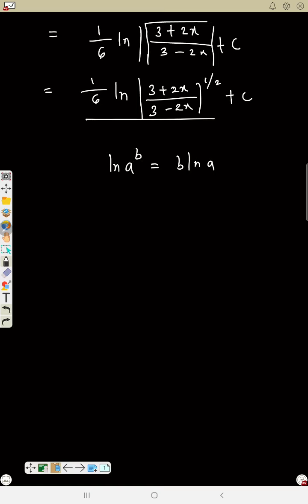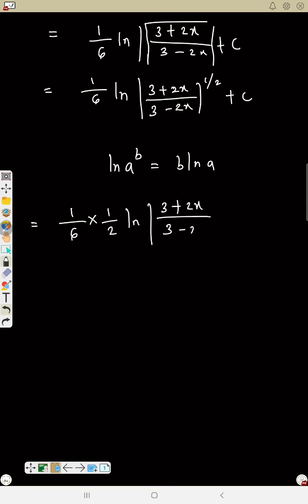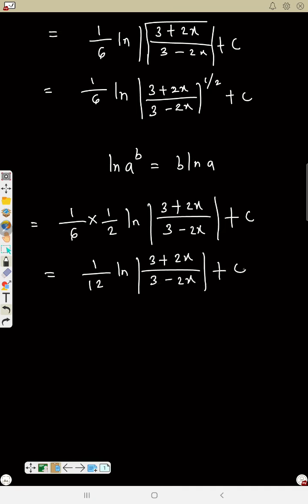So from this expression, we can have 1 over 6 times 1 over 2. So this power will come down. ln (3 plus 2s divided by 3 minus 2s) plus c. So which is the same thing as 1 over 12 ln (3 plus 2s divided by 3 minus 2s) plus c.